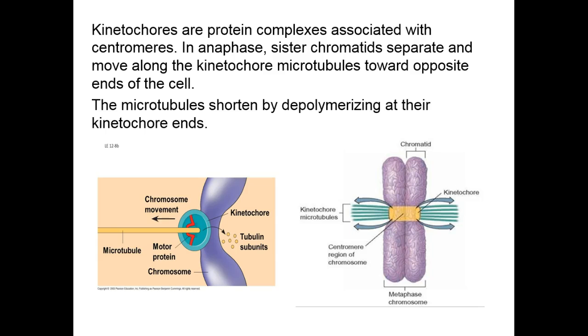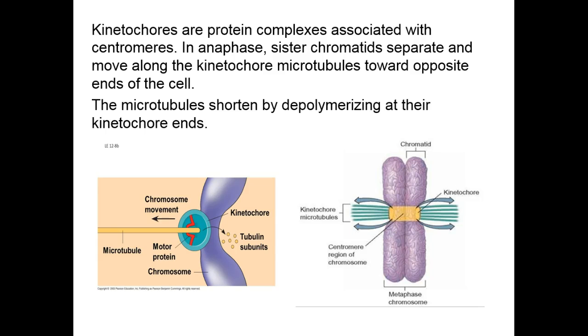A little bit more about this kinetochore. It is proteins. Remember, it's attached to each of the sister chromatids, and they're still, in this image that you have down on the right, cohesed to each other, so there's still cohesion there.